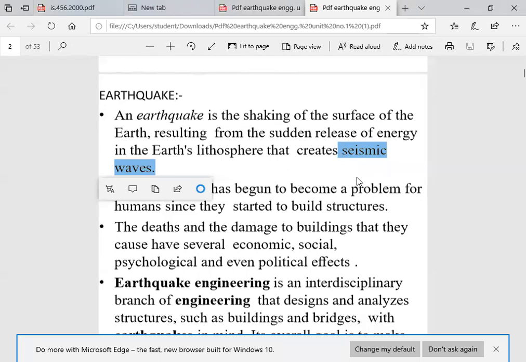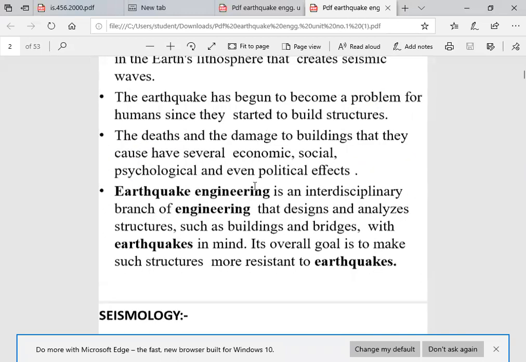These waves produce shaking of the earth crust, that is, when the shaking of the ground or the movement will occur, at the time the seismic waves are created, and these waves only shake the earth in terms of movements, and that movement is nothing but an earthquake. And after that there is earthquake engineering. Earthquake engineering, what is it?